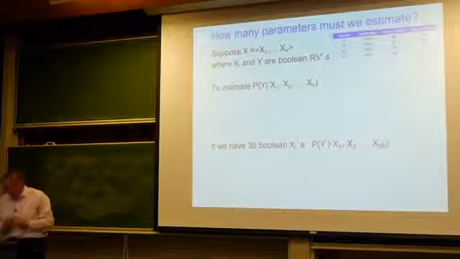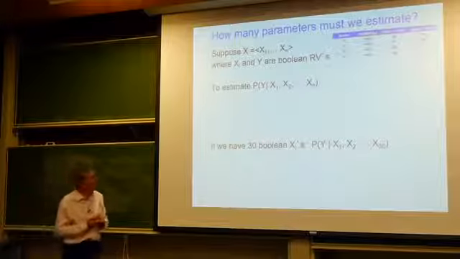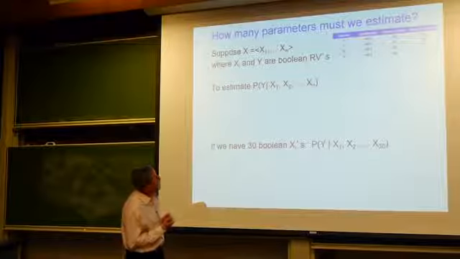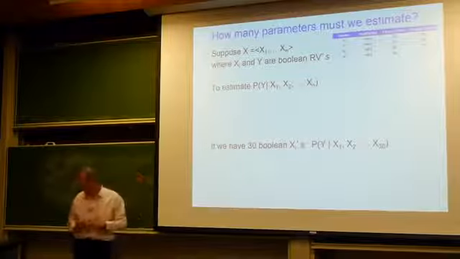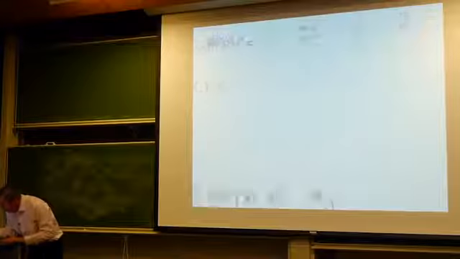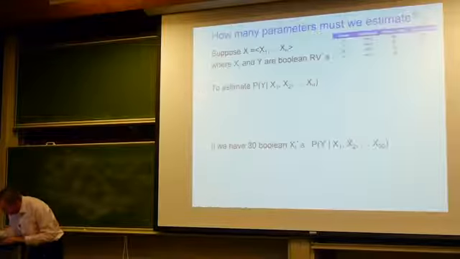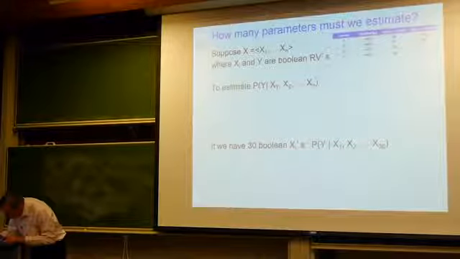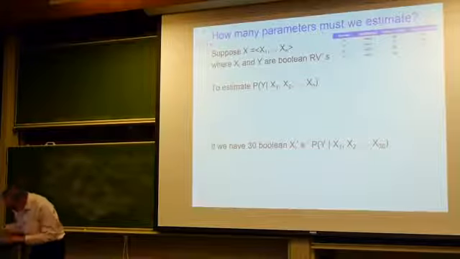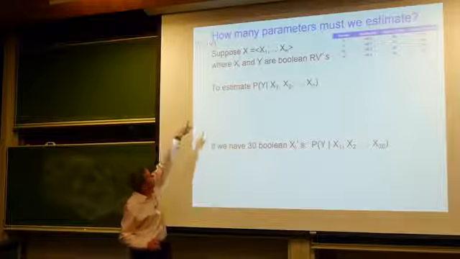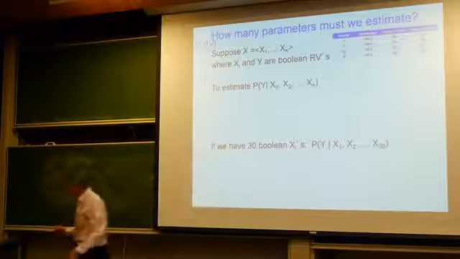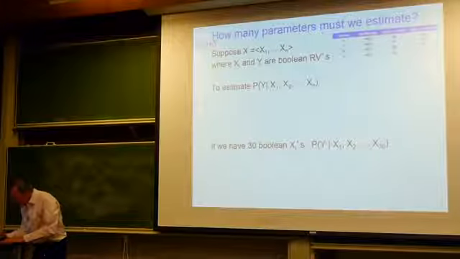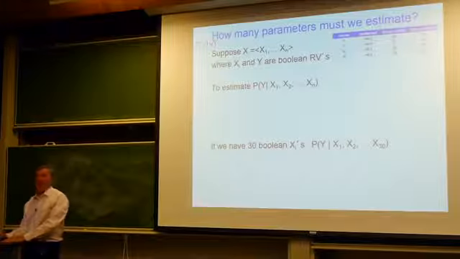Let's look in a little bit more detail at that. So suppose in general we're trying to learn P of y given x. And by the way, you see here I'm introducing a notation we will use frequently in the course where x in this case is actually a whole vector of variables.